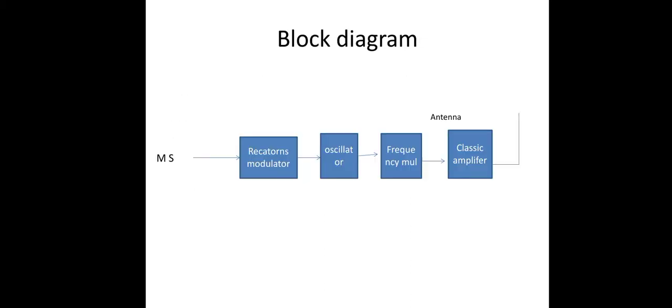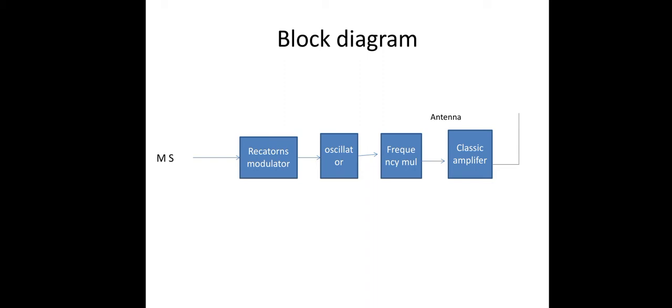Here is the block diagram of the FM transmitter. First the modulating signal, then the reactance modulator, oscillator, frequency multiplier, and class C amplifier are used, and then the antenna.